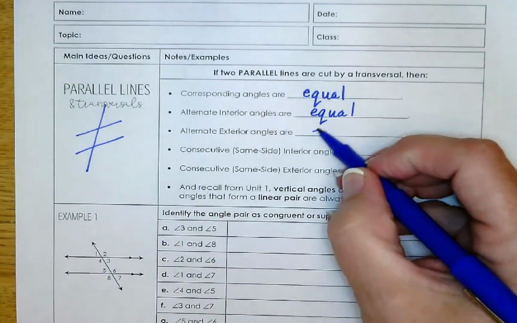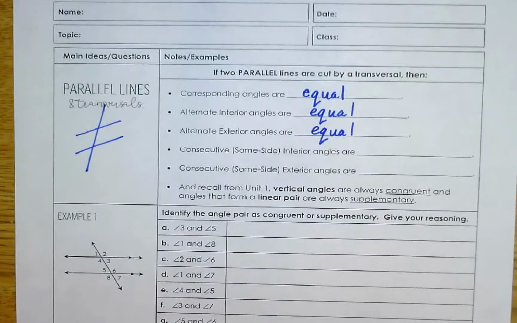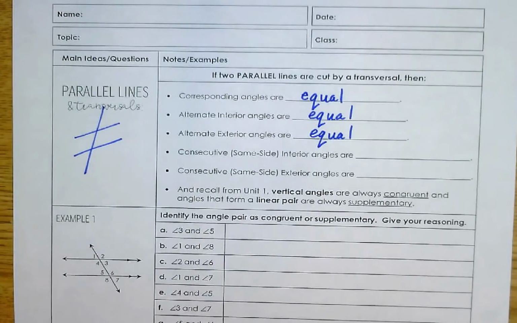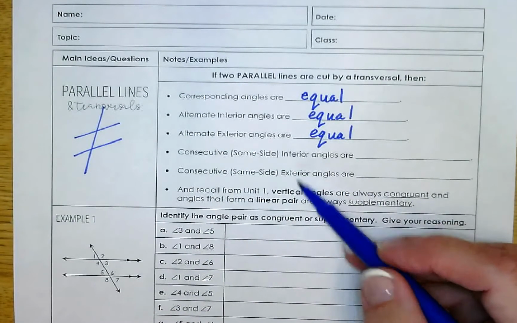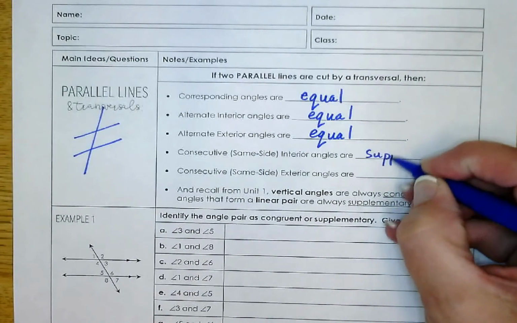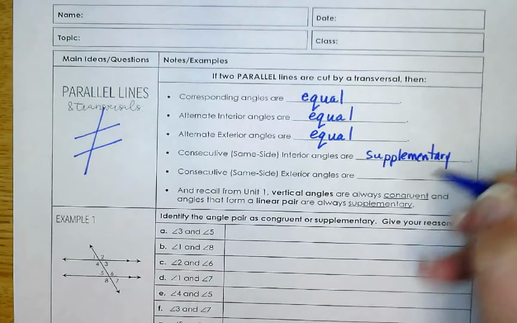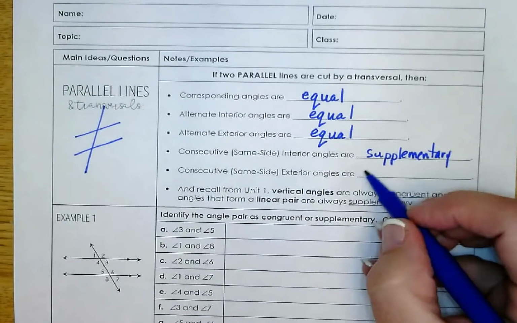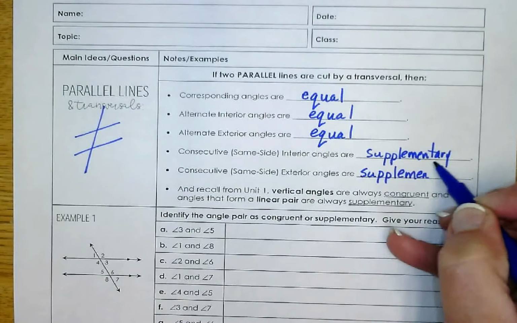Alternate exterior are going to be equal. Again, it all boils down to, can you identify these angle pairs? The ones that are same side are always going to be supplementary, whether it's interior or exterior same sides.